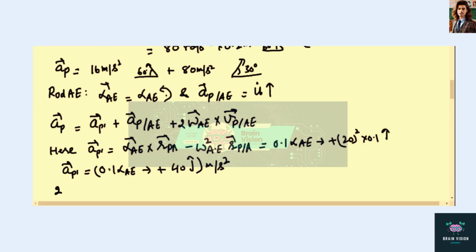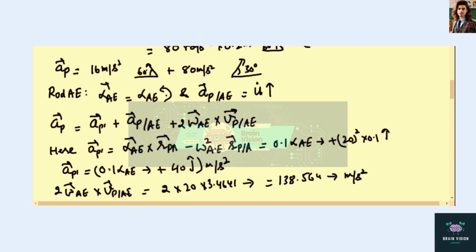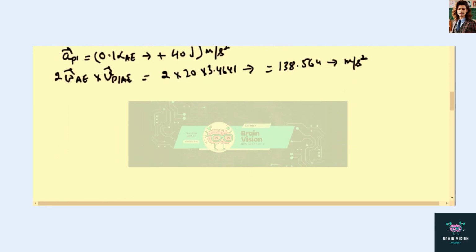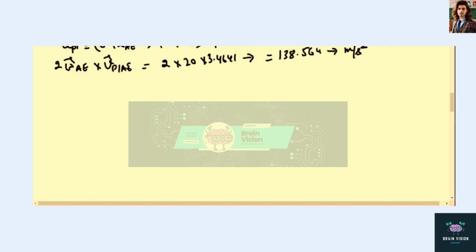Calculating the value of twice omega AE cross velocity of P with respect to AE, here you have to take the cross product: 2 into 20 into 3.4641 towards right, so it will be 138.564 towards right meter per second square.